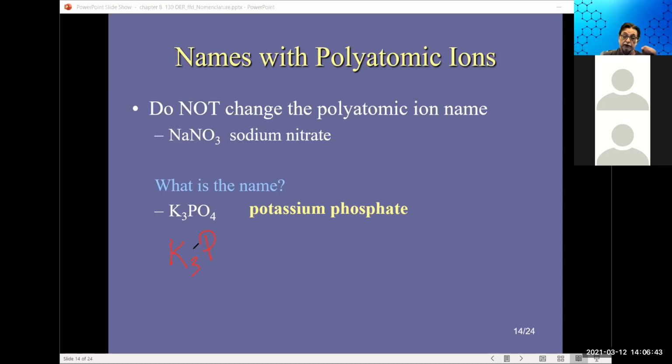Better want to take a shot. Let me see if I can draw this a little better. I've got potassium, 3 of them, and 1 phosphorus. What would be the name of that formula? It's a legitimate formula.